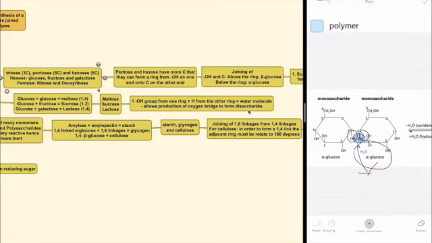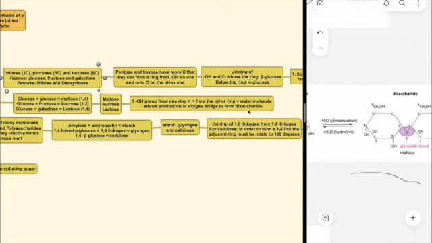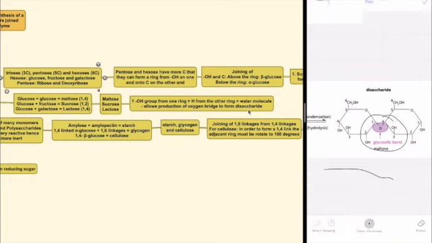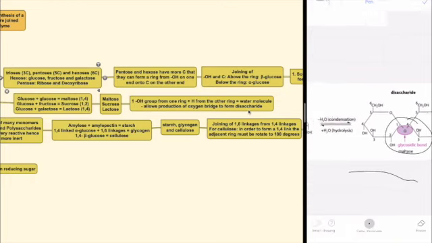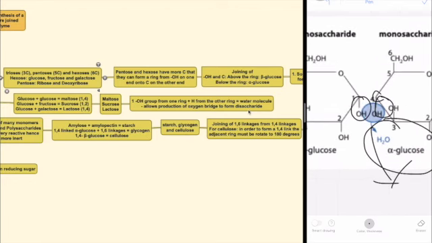Removal of water is condensation. Once it undergoes condensation, it will form a glycosidic bond. Here is already a C and here is already a C. The one that is left out is O, hence C-O-C. This is the glycosidic bond.